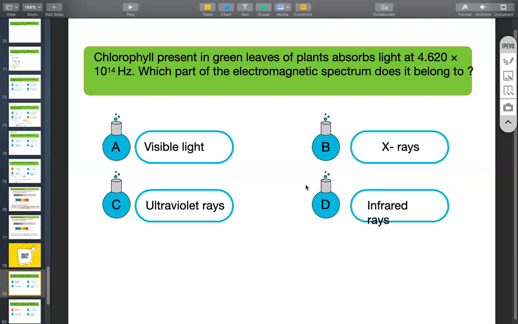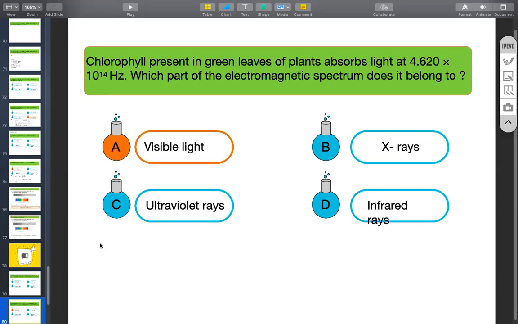Why have you not logged in with your ID? Hey, change your name, then how will I put in attendance? Change it, change it. Okay.